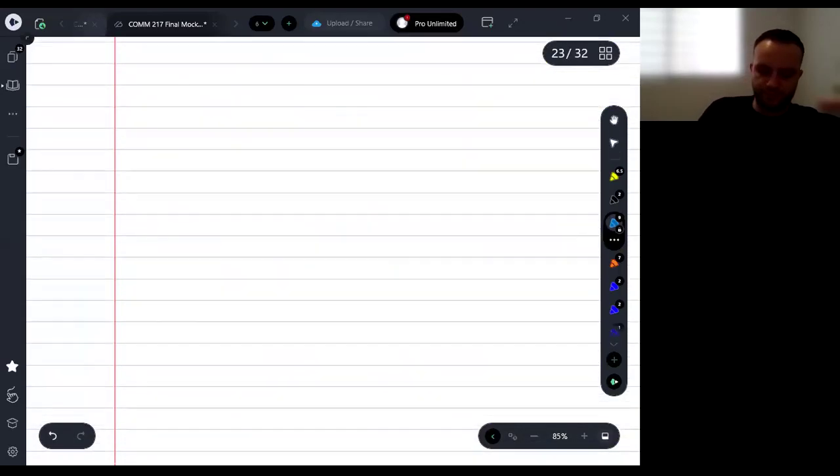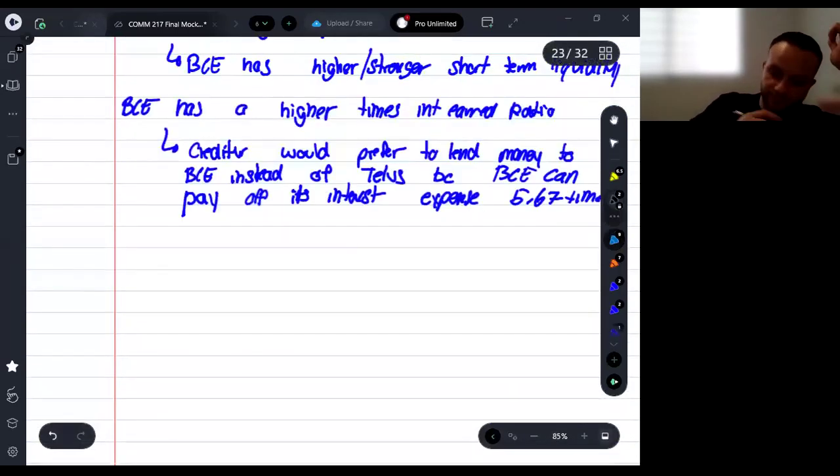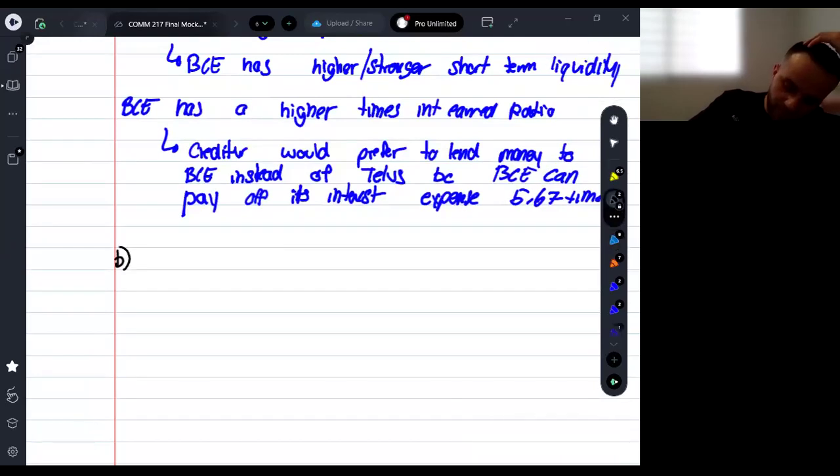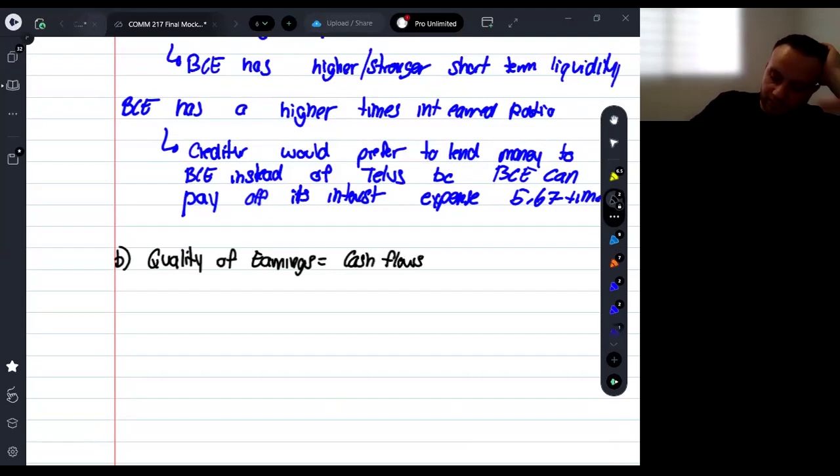Okay. Part B. Quality of earnings. You take cash flows from operating activities over net income.